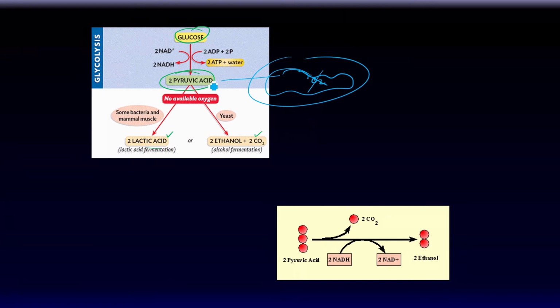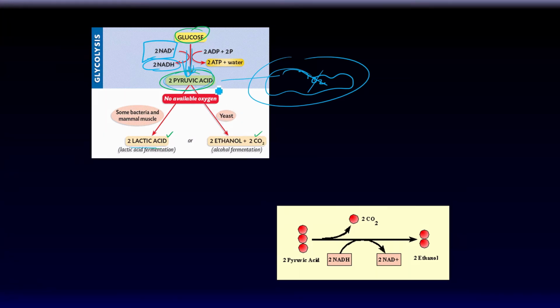But you have to do something with this pyruvic acid, because otherwise the NADH will keep building up. So human bodies convert the pyruvic acid to lactic acid, and this is called lactic acid fermentation, basically to regenerate NAD plus so this glycolysis part continues.